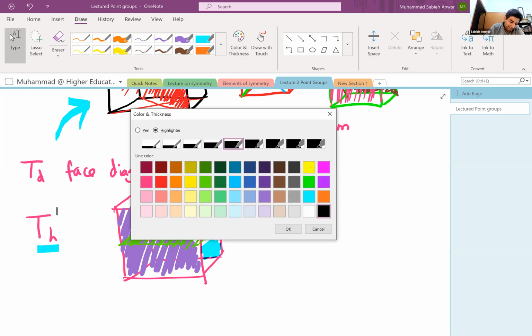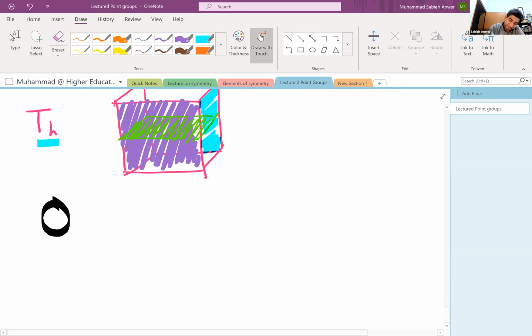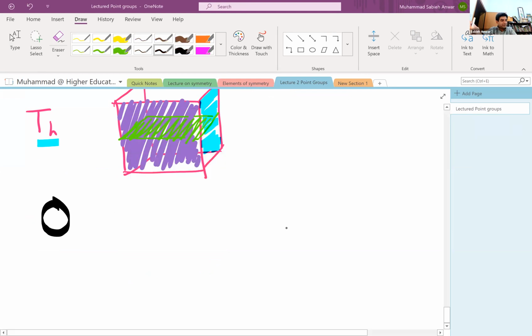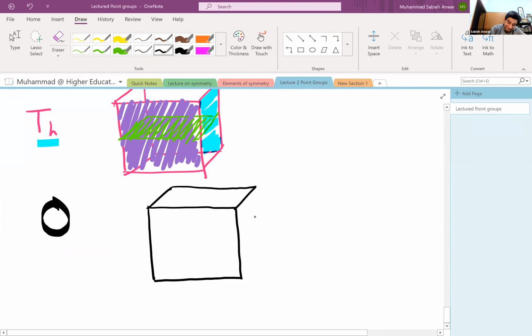Likewise, O, the O point group is the first kind of point group which has a 4-fold axis of rotation. And those 4-fold axes of rotation are along the face edges. So here is one 4-fold axis of rotation, here is another 4-fold axis, and here is the third one.